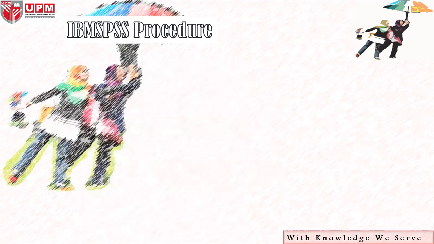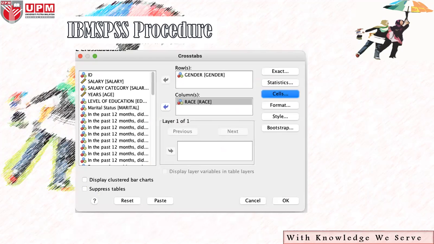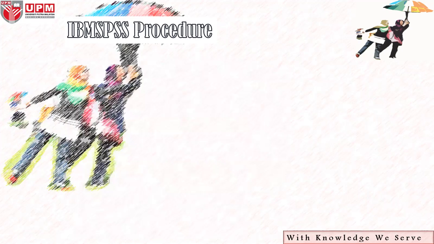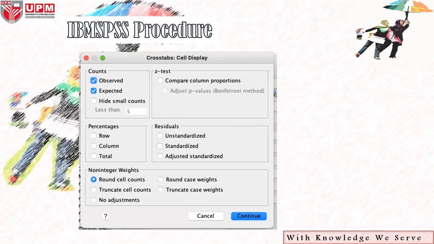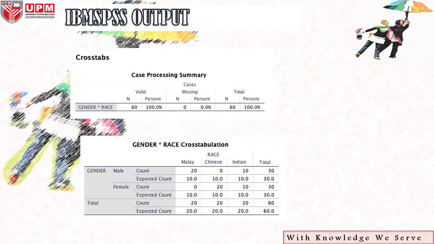Then click continue. Next, click cells. For cells, under counts, tick observed and expected, and then click continue. Okay, and then it shows the result.